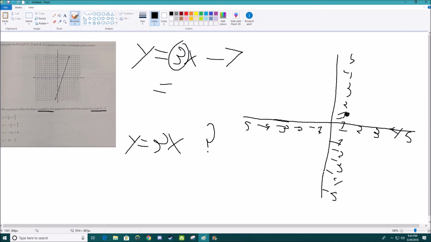Normally, the slope would be 3 up and 1 to the right. But since we're looking for the y-intercept, we could just simply go backwards. So we would go 1, 2, 3, and 1 to the left. And just like that, we find that the y-intercept is negative 2. We plug that in: y = 3x - 2.